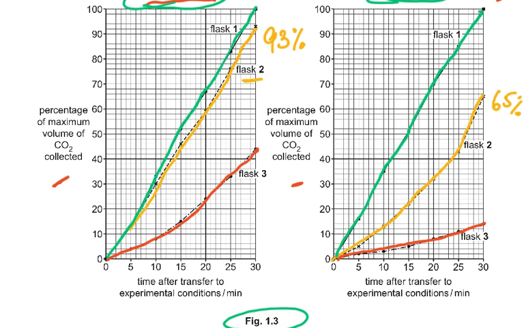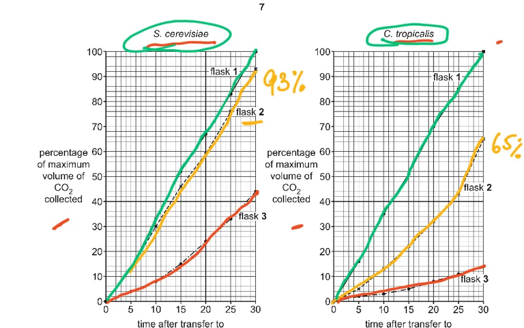In C. tropicalis there is lower CO2. This is 65% and this is 93%. You give figures for that because this is a percentage of the maximum. So flask 2 has lower CO2 production, 1 mark, and flask 2 is 65% versus 95% would get you another mark.